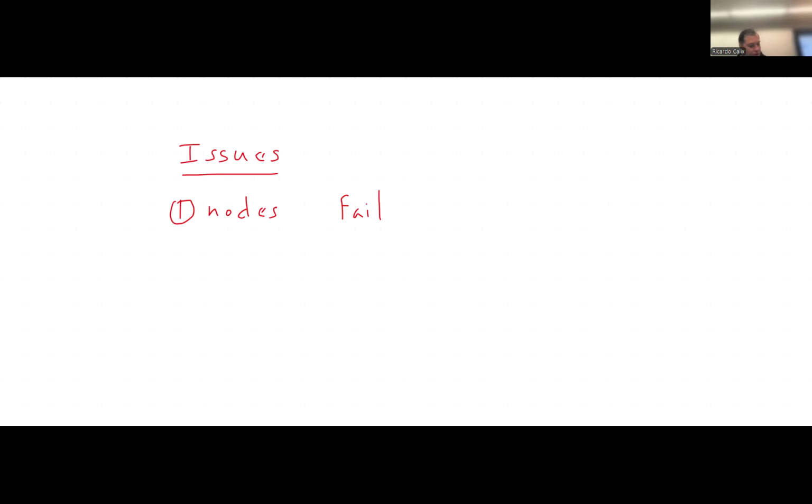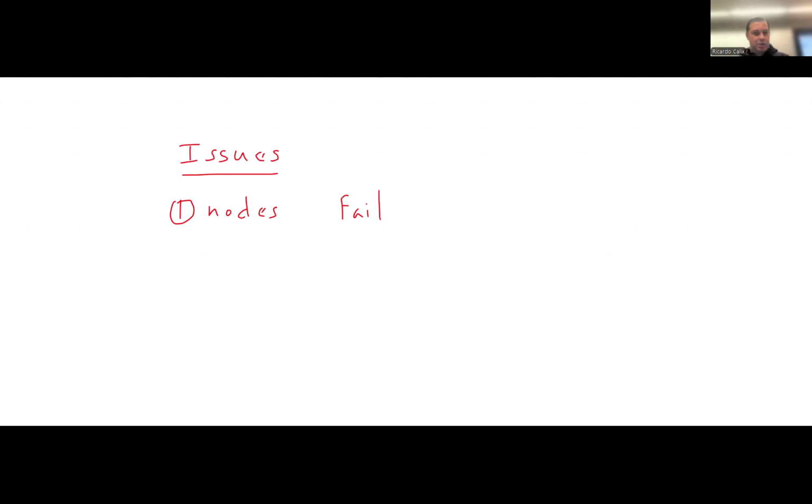So you can assume, for instance, a statistic where if you have 1,000 servers in a cluster, you can expect, probabilistically speaking, about one failure per day in a cluster of 1,000. So that gives you a nice little statistic there. So if nodes fail, the approach needs to deal with this issue, of course.